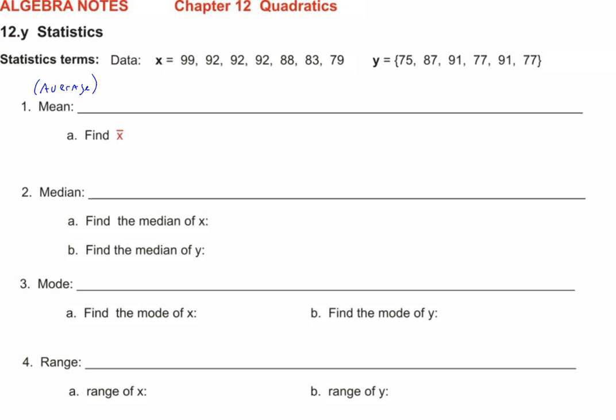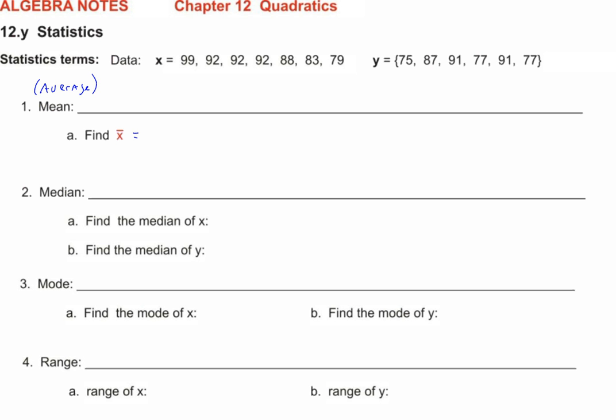So the mean is the average. We all know how to do an average. We sum up the numbers and we divide by the total number.